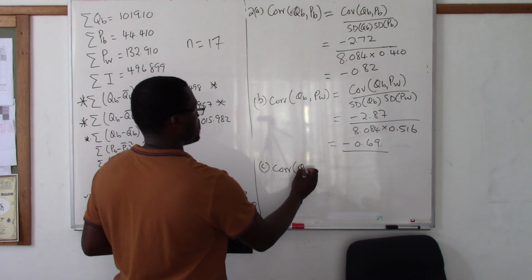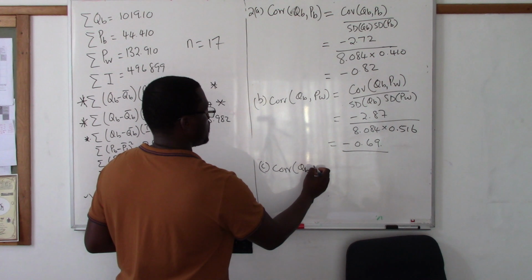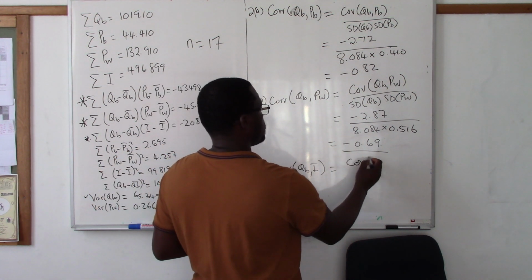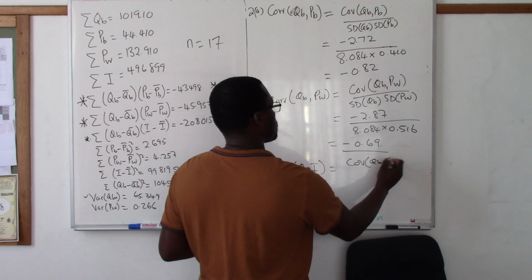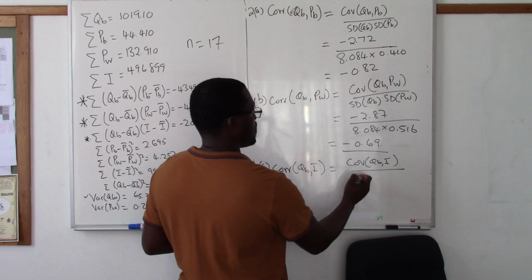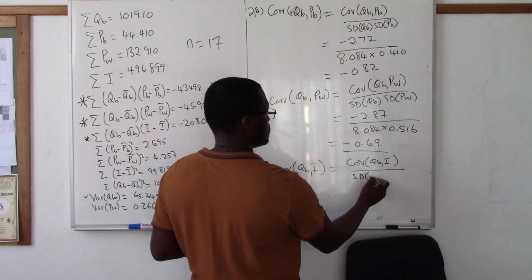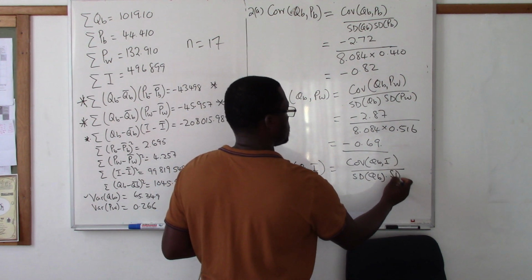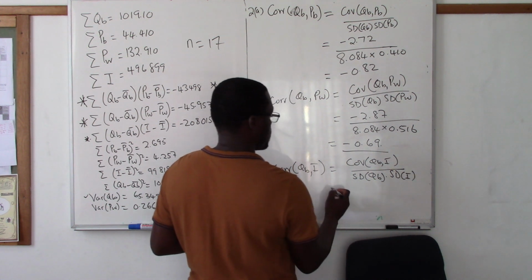And lastly, correlation of QB and income, which is the covariance of QB income over SD QB by SD income.